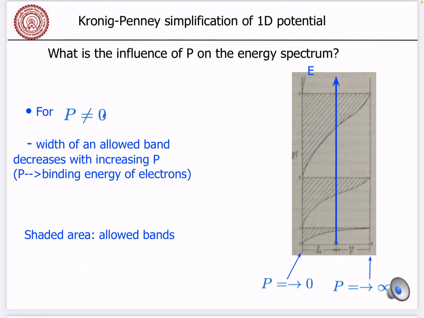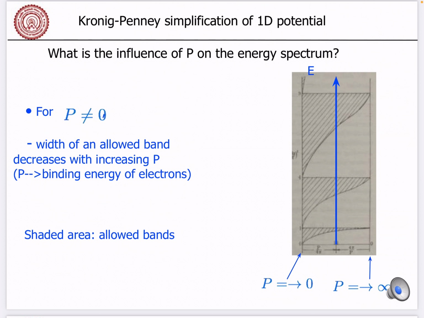However, once P becomes larger and larger, the electrons become more bound. P tends to infinity means a very strong binding energy, so the electrons are not actually moving through this crystal.